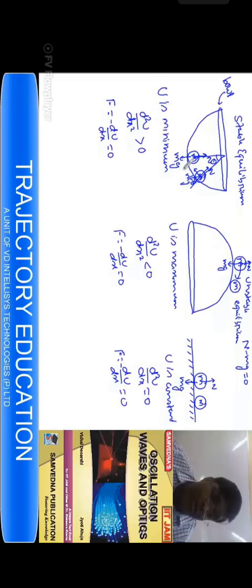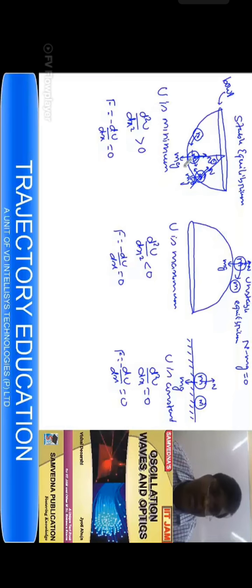The moment it comes back to equilibrium position, net force is 0, but by then it has already got some velocity, and due to inertia, this velocity cannot become 0 immediately. So it overshoots the equilibrium position and goes to the other side. Again, a restoring force will act and bring the body to equilibrium position, but by the time it reaches it, it will overshoot again.